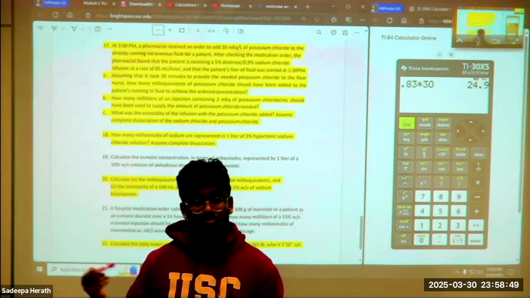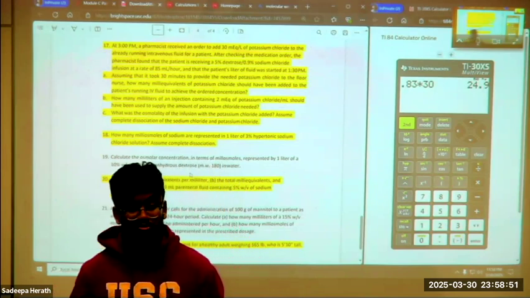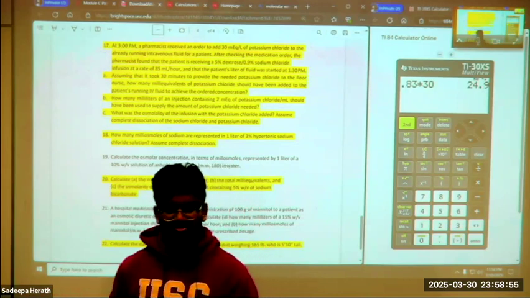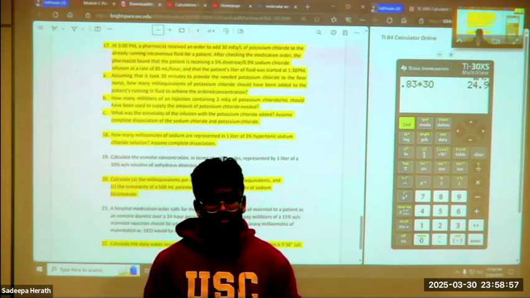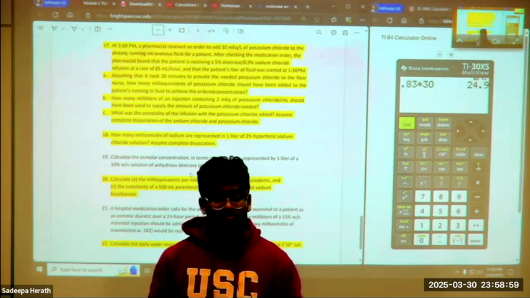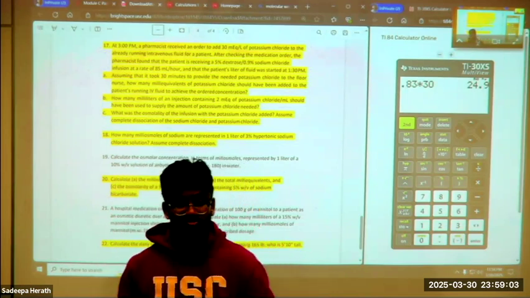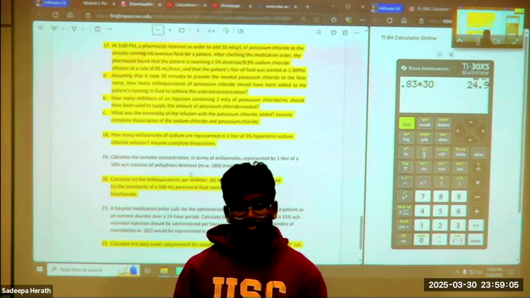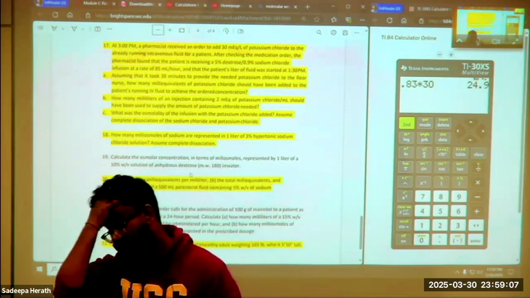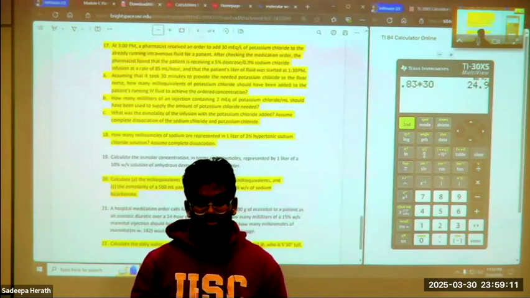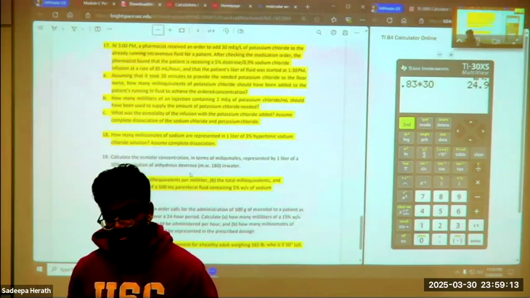For every millimole of KCl, there are 2 milliosmoles, depending on the compound. That's for compounds that can dissociate, right? For compounds that don't dissociate, like dextrose, for example, it just remains as 1. That's the ongoing idea that we've had so far with a lot of these calculations.